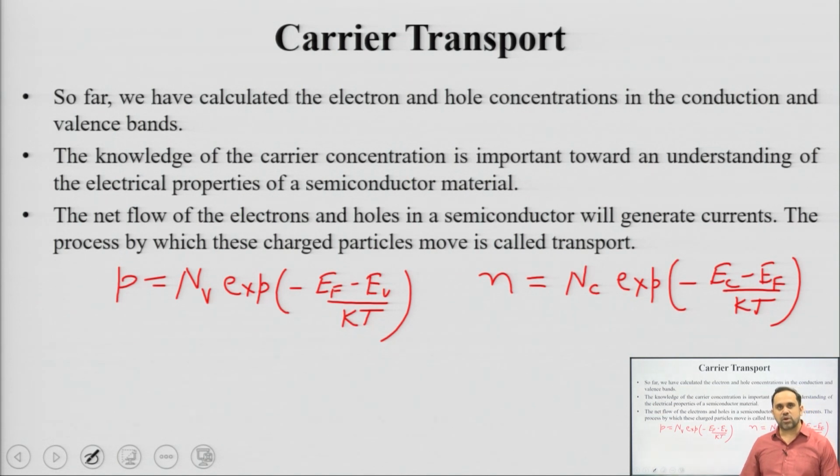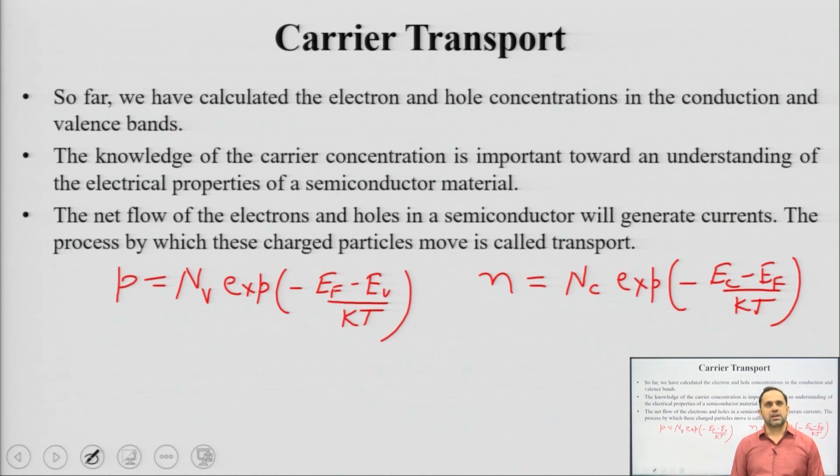So, these are the number of holes which are available per unit volume inside any semiconductor device. Now, we know how many charge carriers are available. The knowledge of this carrier concentration is quite important, so that we can understand the electrical properties of the device.